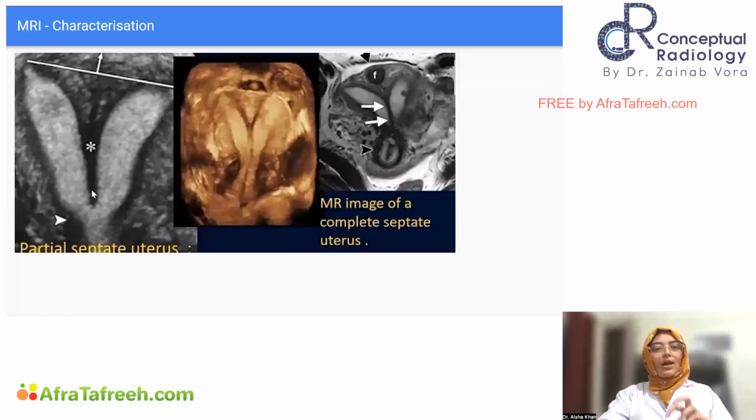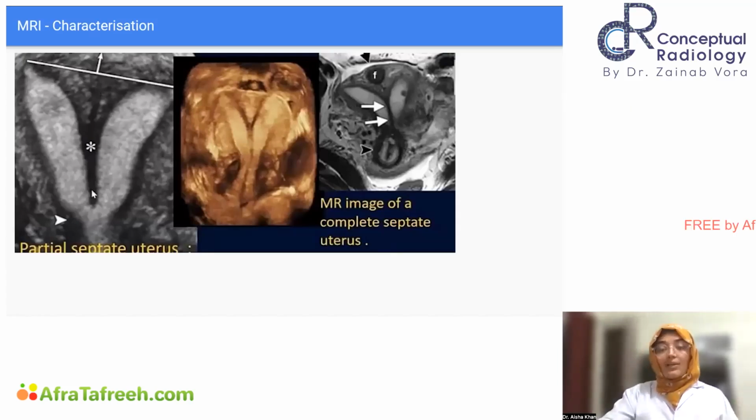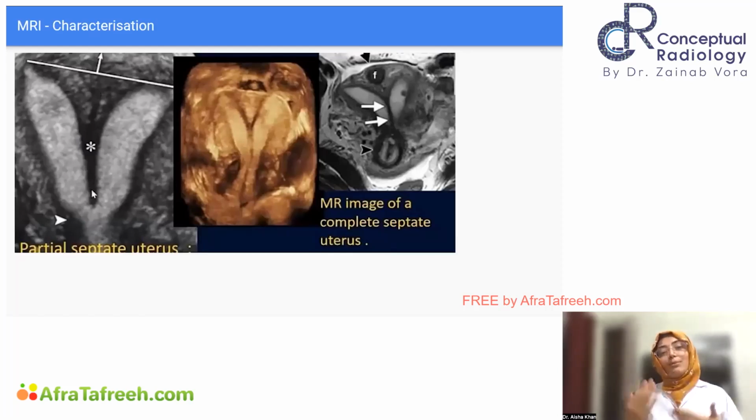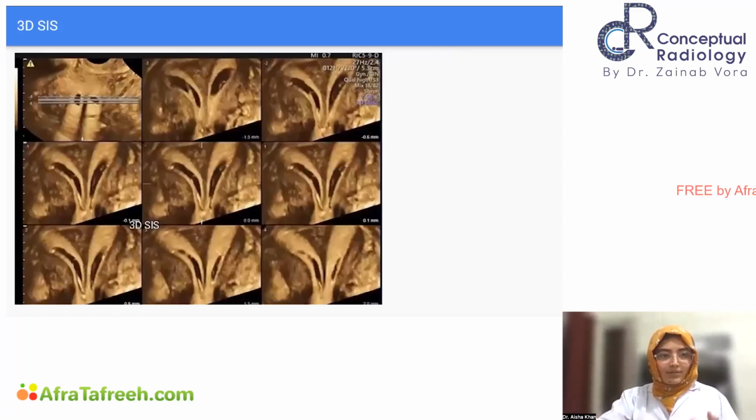According to your report and the character of the septa that you have described, the laparoscopic surgeon will go on to resect it and leave it completely. Because always remember that if you are resecting a muscular septum or myometrium, it is always having a grave prognosis. But if you are resecting a fibrous septum, then it is something very simple and safe to do, and you can improve the reproductive outcome for that female. This is a 3D CIS image.